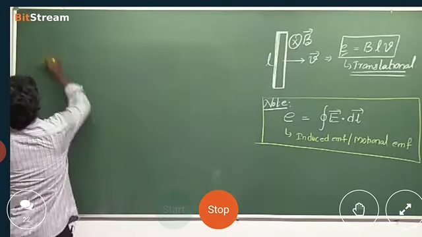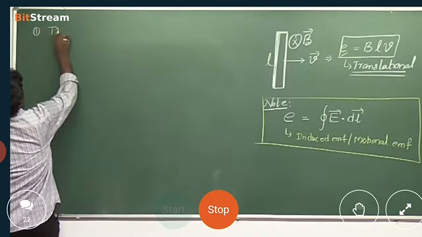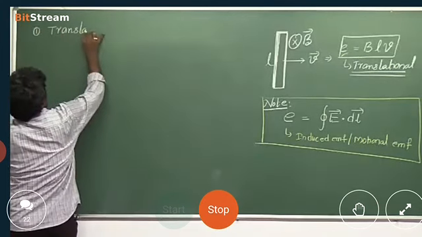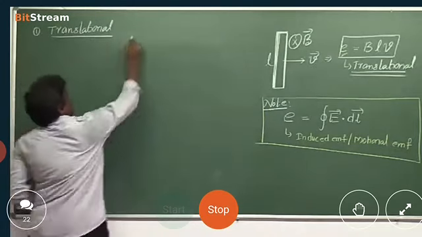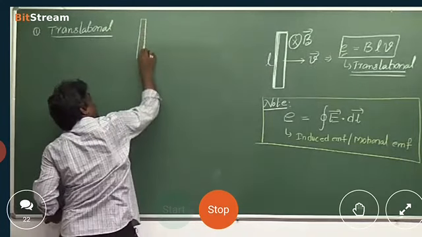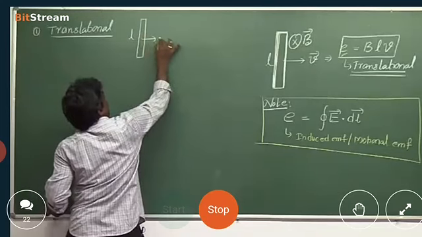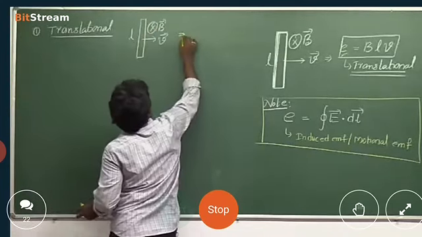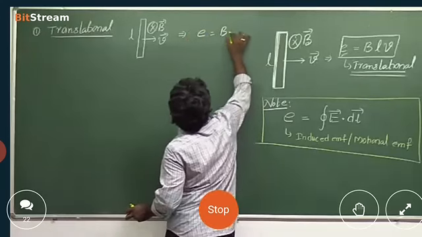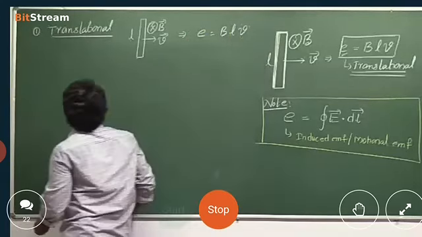Okay, now we already got the first one, translational. Translational means this rod of length L is moving with a velocity V in the presence of a magnetic field, then EMF E is equal to BLV.